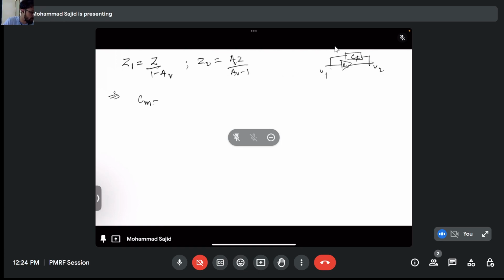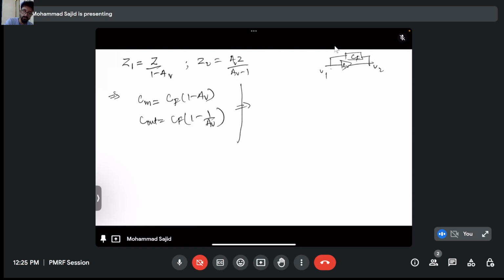C input is equivalent to CF times 1 minus AV, and C out is equal to CF times 1 minus 1 by AV. So this is how you write the Miller theorem variables.